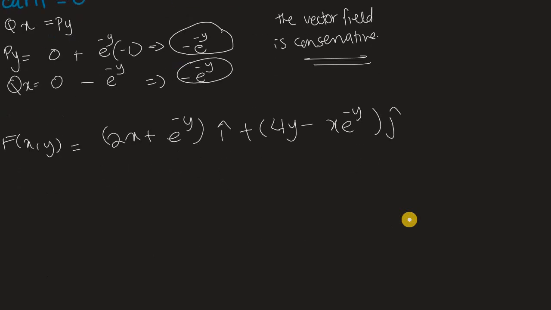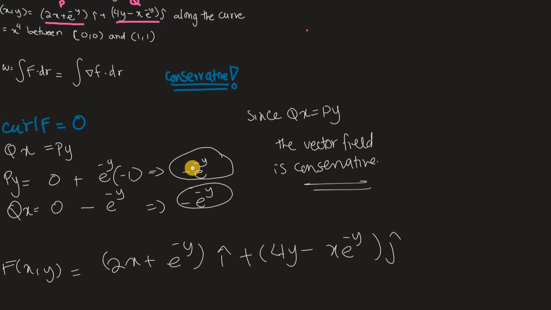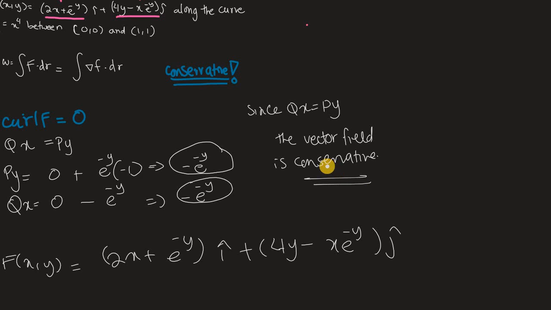Okay, so this is the function over here. Since you have proven that it's a conservative vector field, we know that the function now is the gradient, right? So this function that we're given here is not the function anymore, it is the gradient.